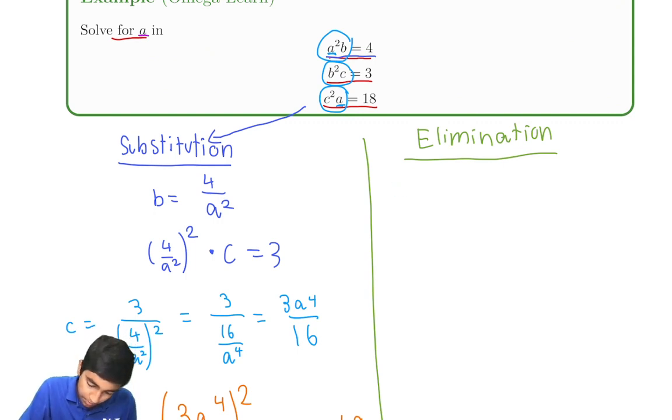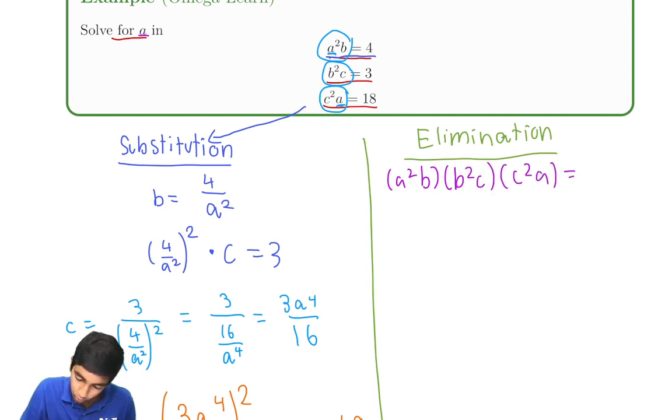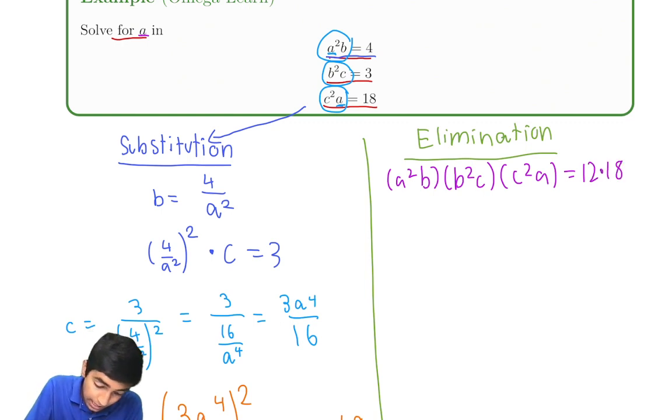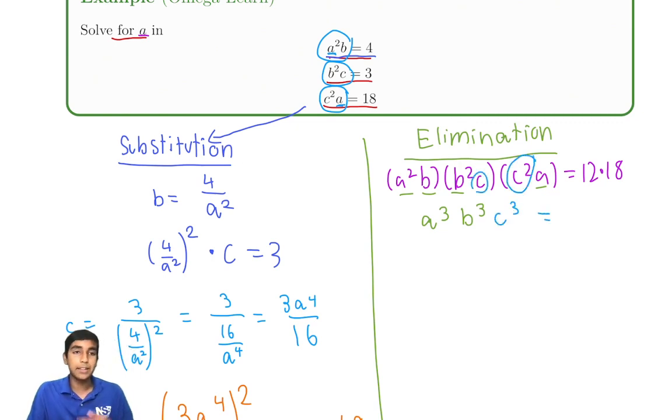So we have a squared b, b squared c, and then times c squared a equals 4 times 3 times 18, or 12 times 18. Now let's multiply this. We get a cubed, a squared times a, b cubed, b times b squared, and c cubed, c times c squared. And this is 12 times 18. Now what is 12 times 18?